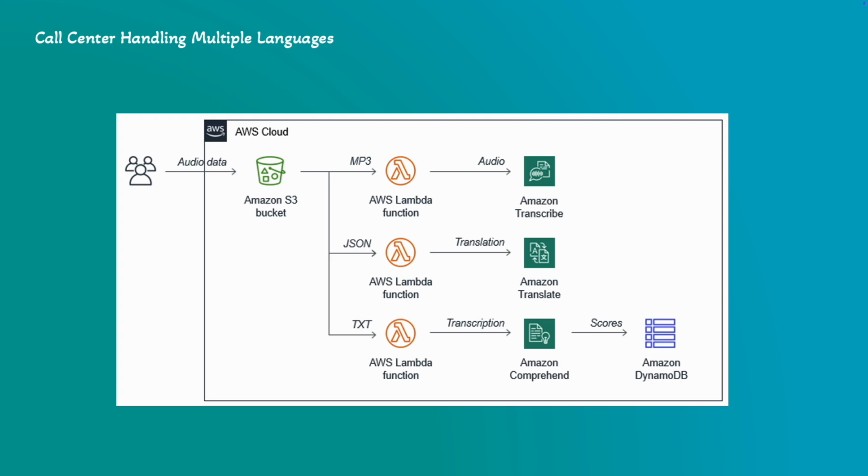Once the conversation text is converted to English, I can use Amazon Comprehend to perform the sentiment analysis and get the sentiment score, which can be stored in a DynamoDB table. This is just one possibility out of many. You can create more versatile solutions integrating with other AWS services.